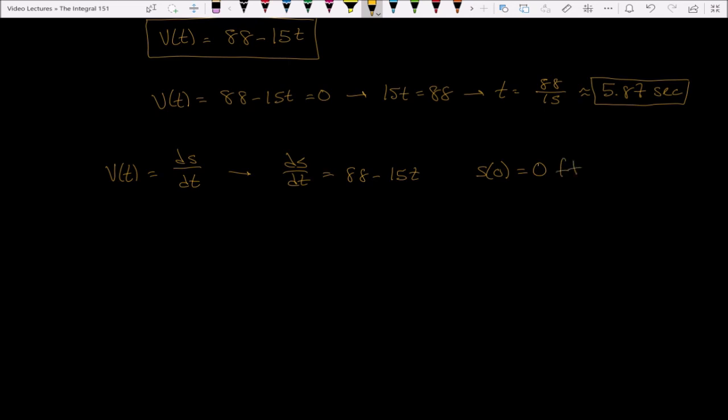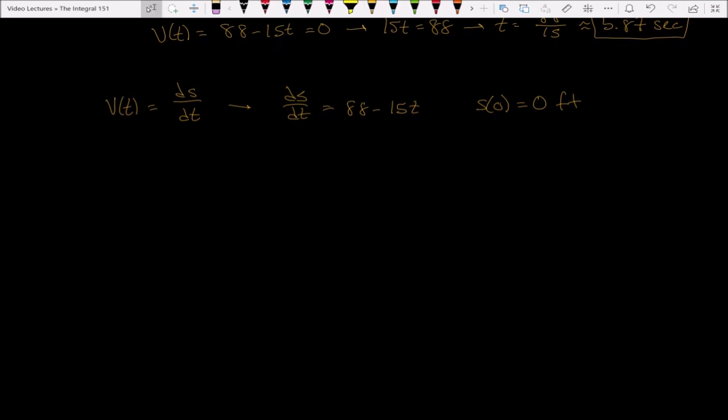So once again, we have an initial value problem. S of t will be the antiderivative of 88 minus 15t, which is 88t minus 15 times t to the 1 plus 1 over 1 plus 1, plus a constant.